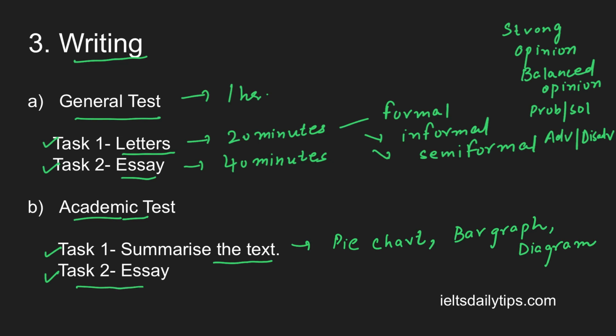In the task 2, you will get essay, and it is recommended that you spend 40 minutes on task 2 and 20 minutes on task 1, because task 2 carry more marks.